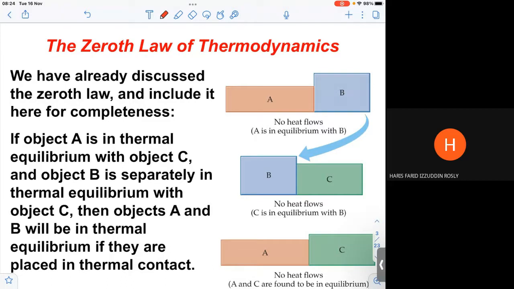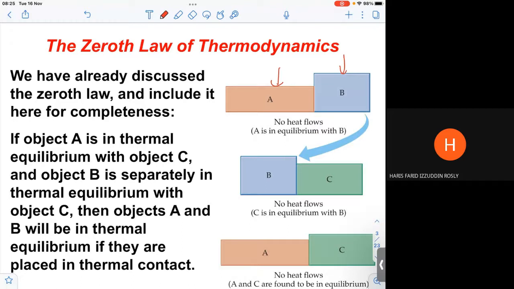If object A is in thermal equilibrium with object B, that means A and B have thermal contact. And if you bring along object C that is in thermal equilibrium with object B, we can say that A and C, without any thermal contact, are also in thermal equilibrium.